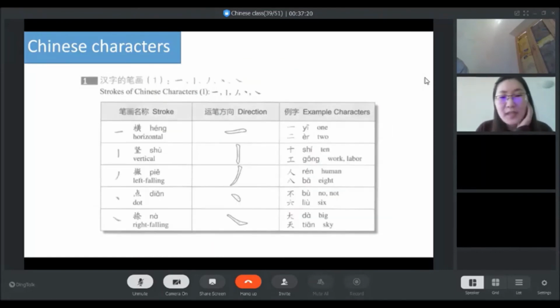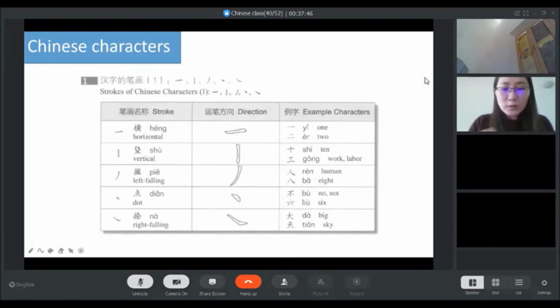So here, let's introduce some strokes. Strokes of Chinese characters. This one, heng, and this one, shu, this one, 撇, and this one, dot, 点, and this one, na. Every stroke has its name. It is not necessary for you to remember the stroke names.